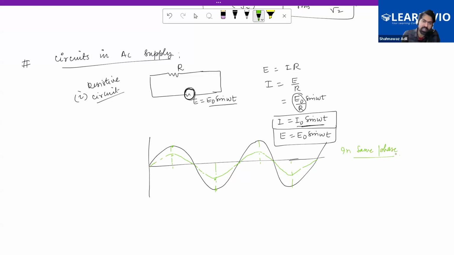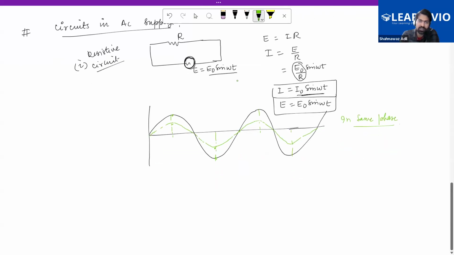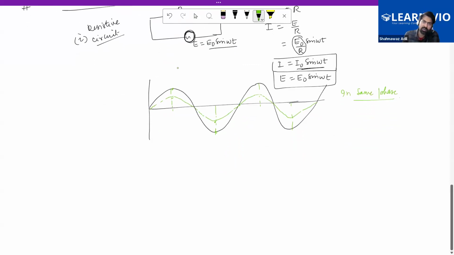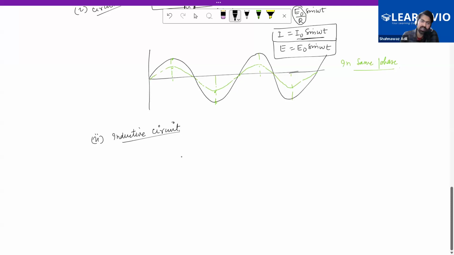But for the case of, let's say, an inductive circuit, let's talk about the inductive circuit. What do we have in the inductive circuit? We know that E is L dI by dt. So I would be how much?